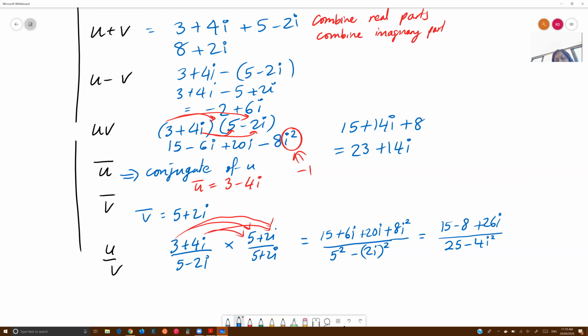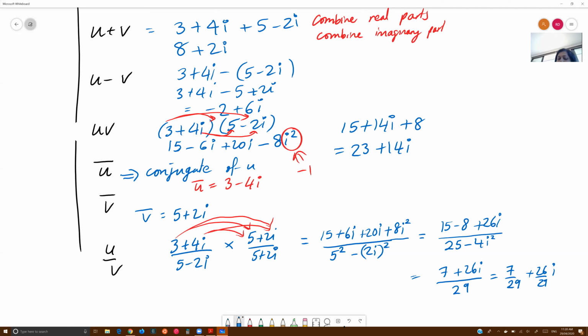Simplifying a little more, 15 take away 8 is 7 plus 26i, and in my denominator, 25 take away 4i squared. Remember, i squared is negative 1, so that's 25 plus 4, which becomes 29. We like to write it in two separate parts: 7 over 29 plus 26 over 29i.